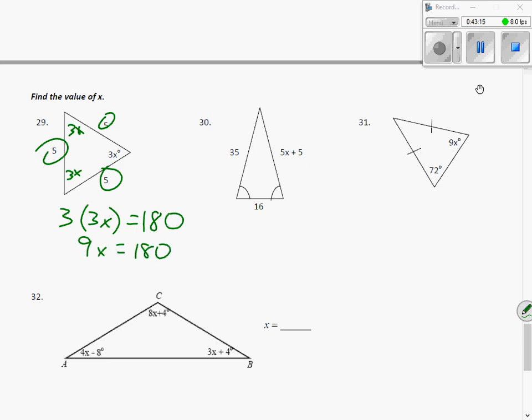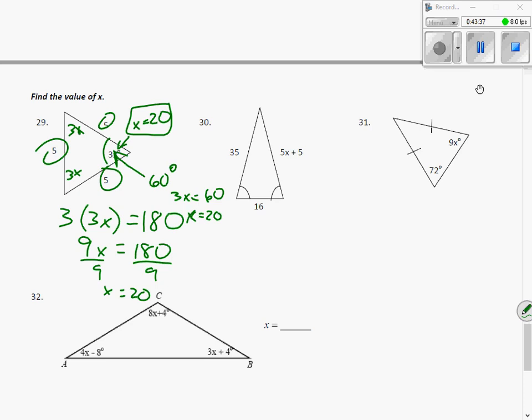Divide by 9. I better get 20 as the value of x. Another way to do that, if it's an equilateral, this is 60. So if 3x equals 60, then x is still 20. Either way.